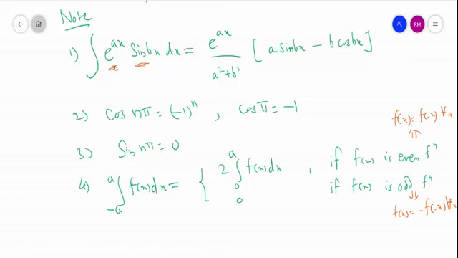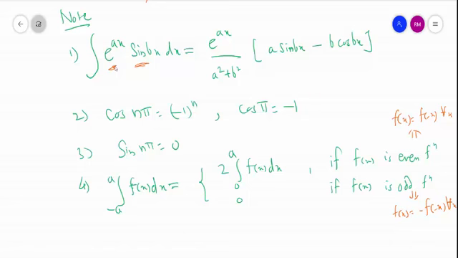Its integration is given by e raised to ax divided by a square plus b square, in square brackets a sin bx minus b cos bx. This formula we have to always remember, because when such a situation arises where we have to find the integration of the product of an exponential function with sine, we have to use this result.